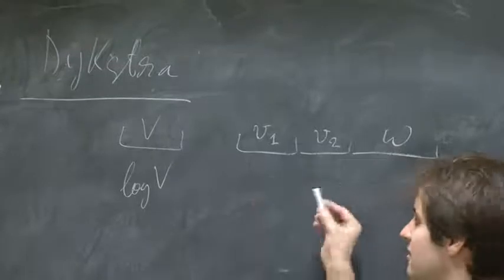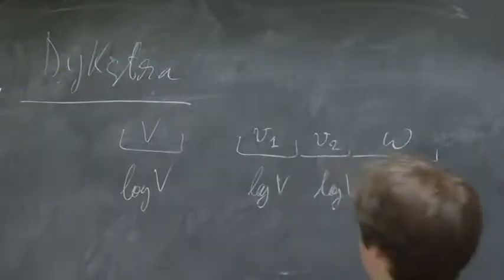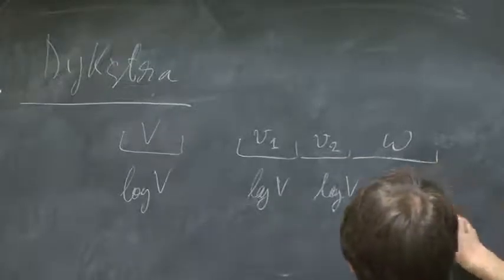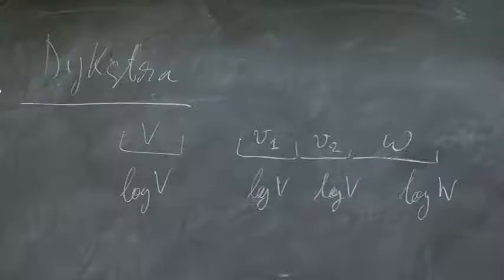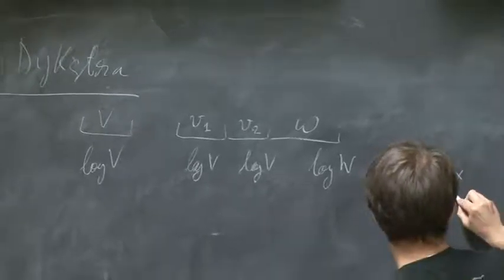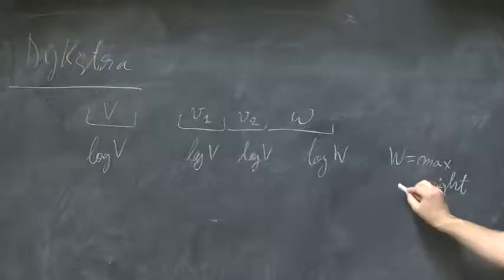What are the sizes of these numbers? Log V, and the last one? Okay, and what's W? Maximum weight. Yep. So this is a property of the field size, right?